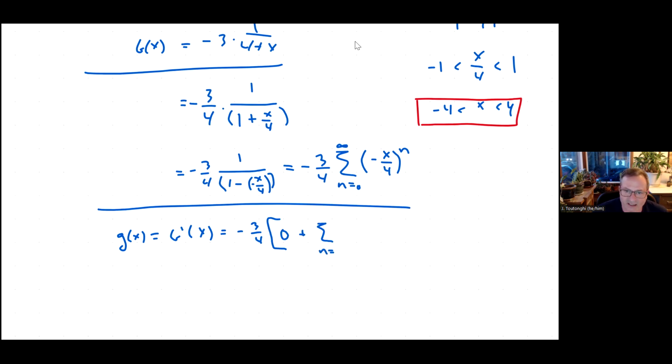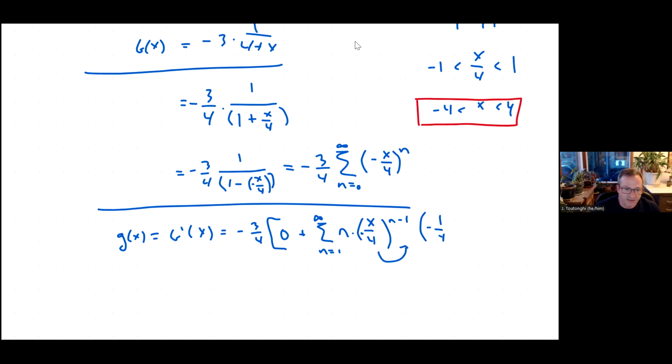And what's left, when I take the derivative of this thing, is n times (-x/4) to the n minus 1, and then, chain rule, I have to multiply by the derivative of -x/4, which is -1/4.